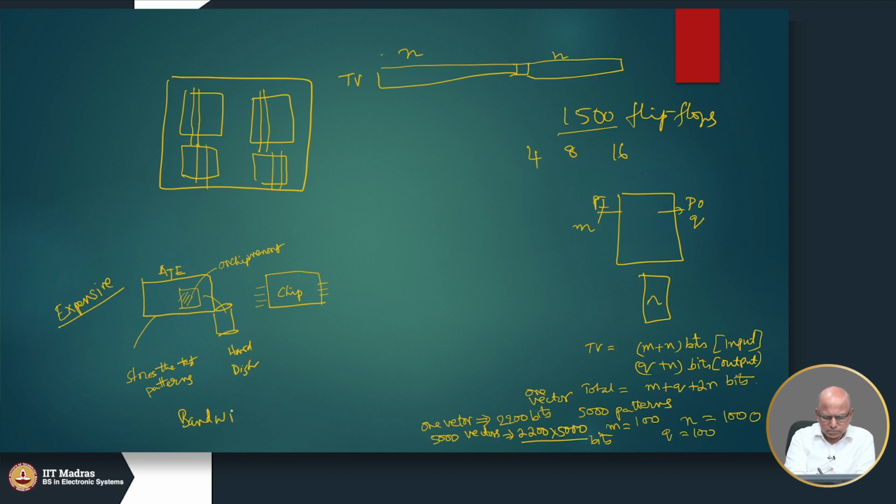Bandwidth means how many bits can you supply per second. We may require a very large number of bits to be sent in every clock cycle to the chip, and as a result the memory bandwidth of this ATE must be high. That is the reason why ATEs can be quite expensive.